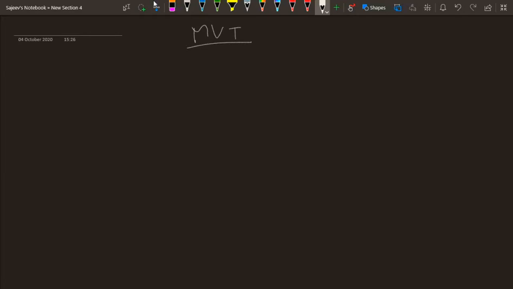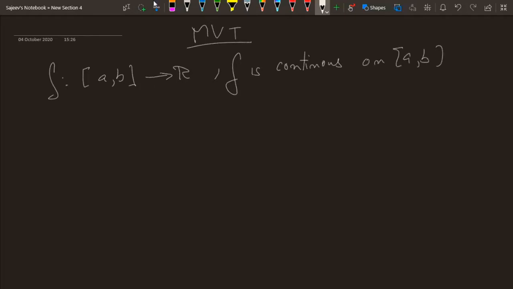Let f be any function from the closed interval a comma b to R, and f is continuous on a comma b. F is also differentiable in the open interval a b.